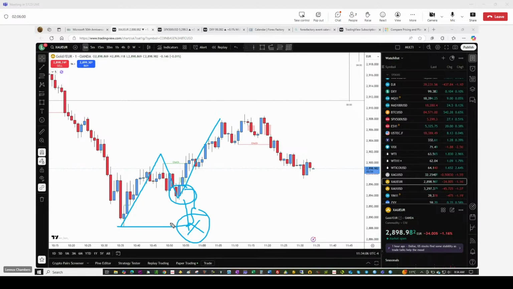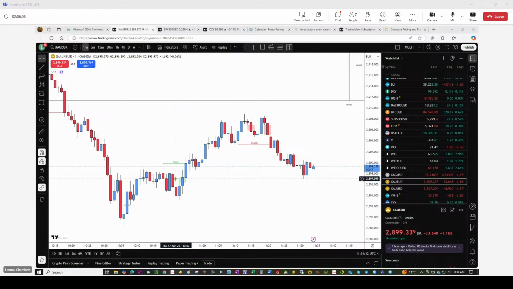I think with this strategy you have tighter stops, but sometimes if it's too tight, it will take you out of the trade and then take off without you. In this case, if I see this move and I put my stop here and get in here and I get stopped out, obviously I'm wrong. They're not done.